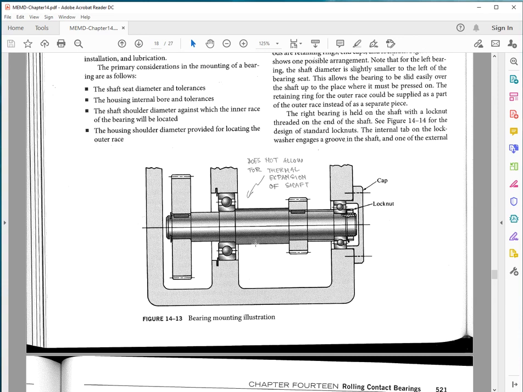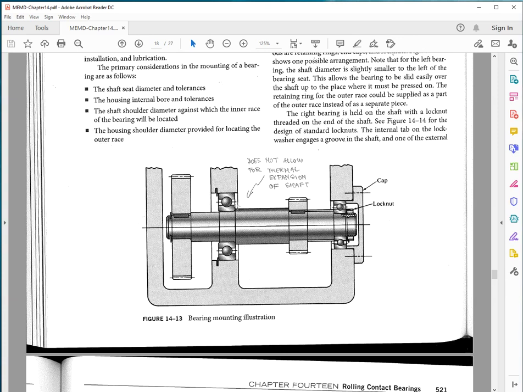But if the temperature of the whole shaft goes up, the bearings will force against the cap, which is secured with bolts or screws, not visible. And then here you have a retainer ring, an external retainer ring, and thermal expansion is impeded.